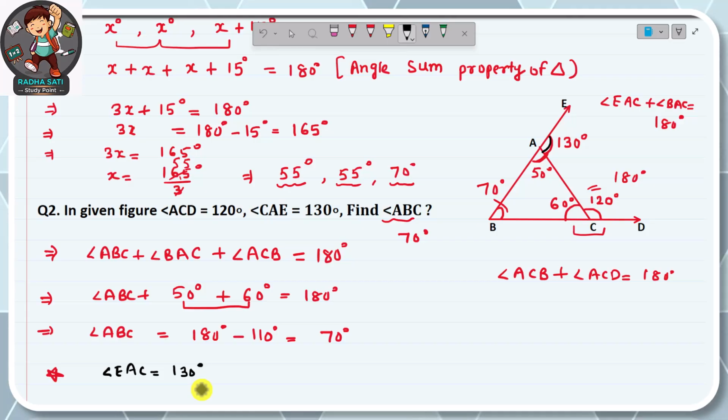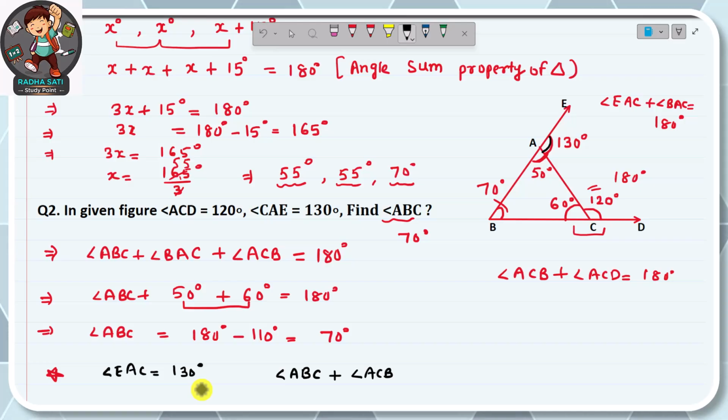Angle ABC and angle ACB. So the opposite interior angles are angle ABC plus angle ACB.